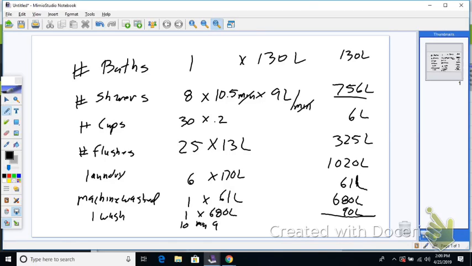So that will be your total water usage for 3 days. Mine was 3,068.